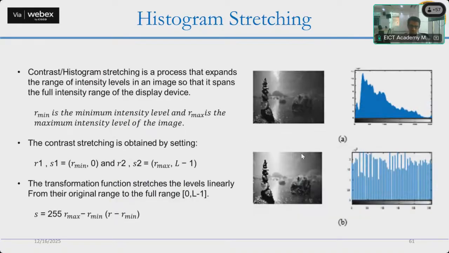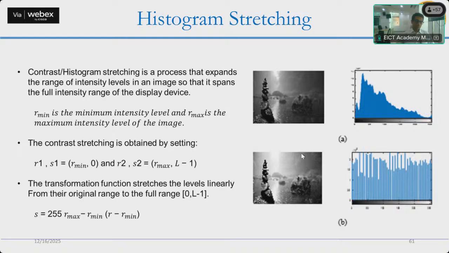Another thing is histogram stretching. What do you mean by histogram stretching? From the word itself, you can work it out. Here we are stretching that part. Earlier, we slid it, right? Stretching is a process that expands the range of intensity levels so that it spans the full intensity range of the display device.